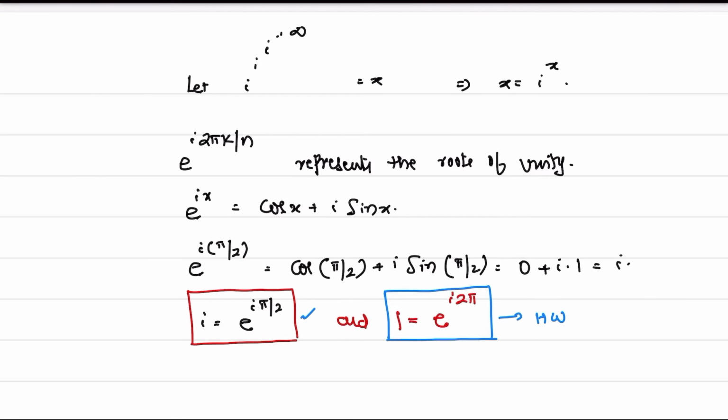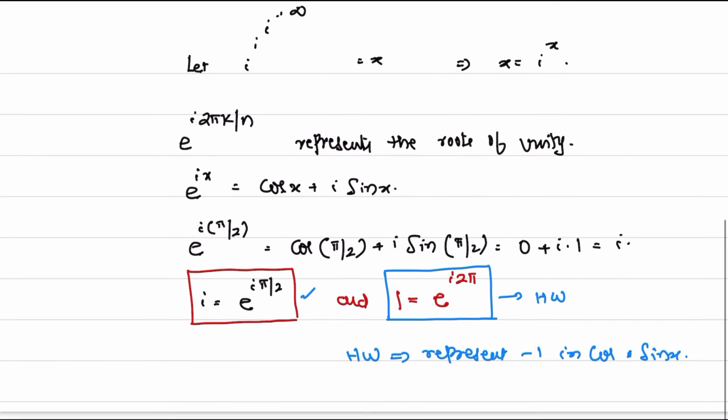If you put in place of x 2 pi, cos 2 pi is 1, sin 2 pi is 0, I vanishes. Then it will be 1. If it is pi, then cos pi is minus 1. For that we have to go for I into 2 pi for 1 value. For minus 1 value, another homework, represent minus 1 in cos and sin. This also you do it as a homework.